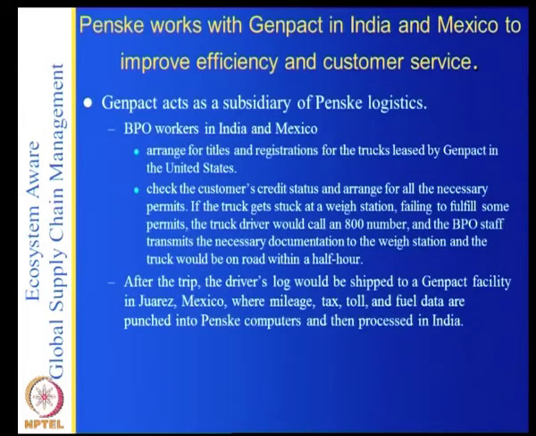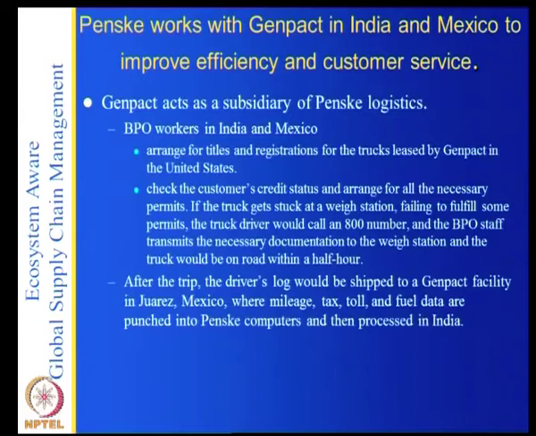So, basically the company Genpact acts as the orchestrator on behalf of Penske Logistics, or you can call Penske Logistics itself an orchestrator, which uses Genpact services to monitor the delivery of the auto components from all places in the United States to Detroit.